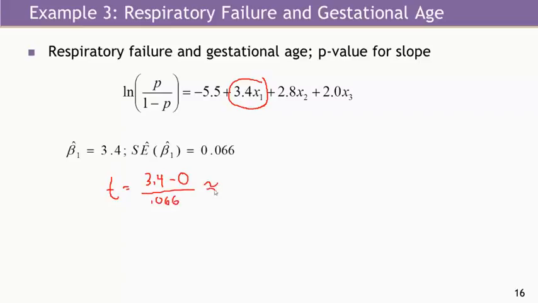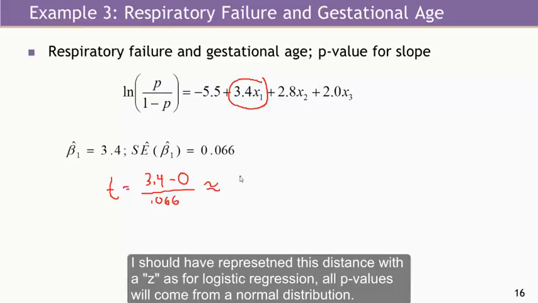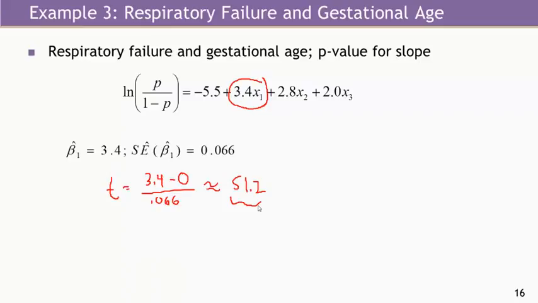If you do this, we get a test statistic, a distance measure, of 51.2. Our result is more than 51 standard errors above what we'd expect if there were no association between low gestational age and increased or decreased respiratory failure risk compared to full-term infants. So I don't have to tell you that this p-value is very, very small.